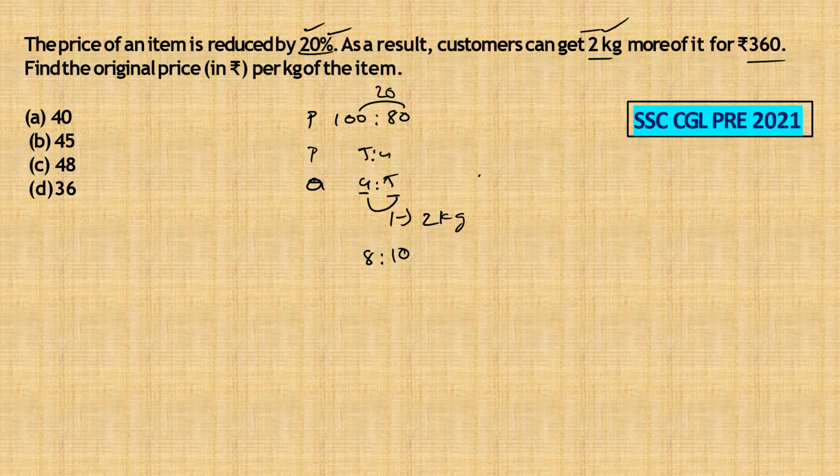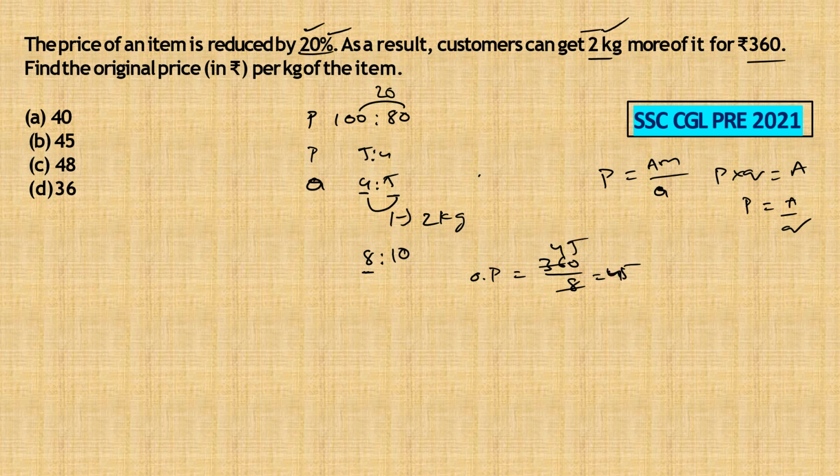We need to find the value of the original price. How can we get the price? Total amount by quantity. As you can see, price into quantity is equal to amount, so price is equal to amount by quantity. Okay, they were getting 8 kgs, so the original price is 360, the total amount, by 8 kgs. 8 fives are 40, 45 rupees was the original price.